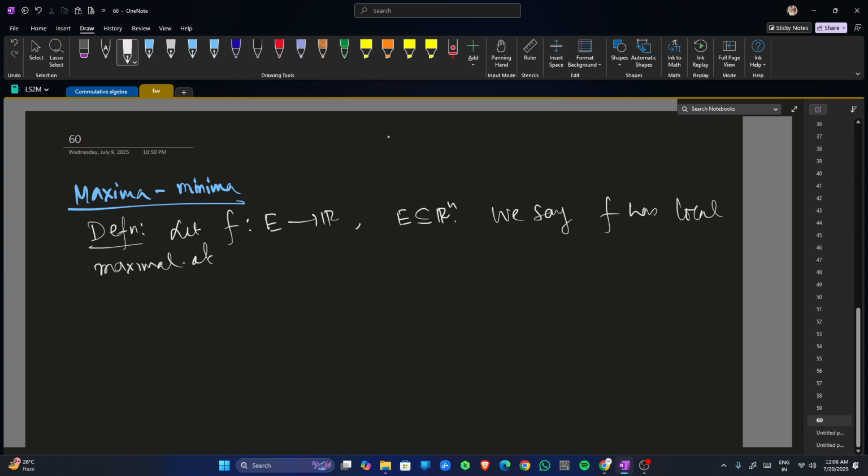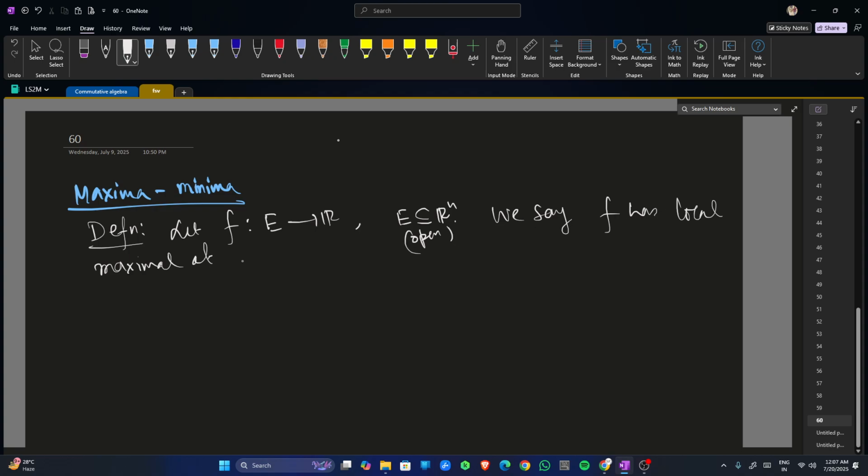First of all, for local maxima, how can we assure that such a thing even happens? Let's take E to be open, otherwise we have some problem.